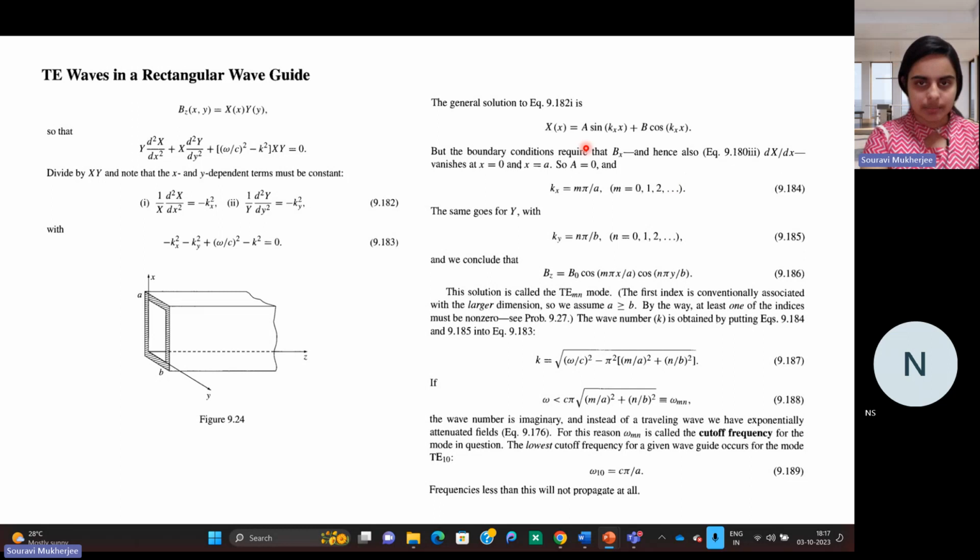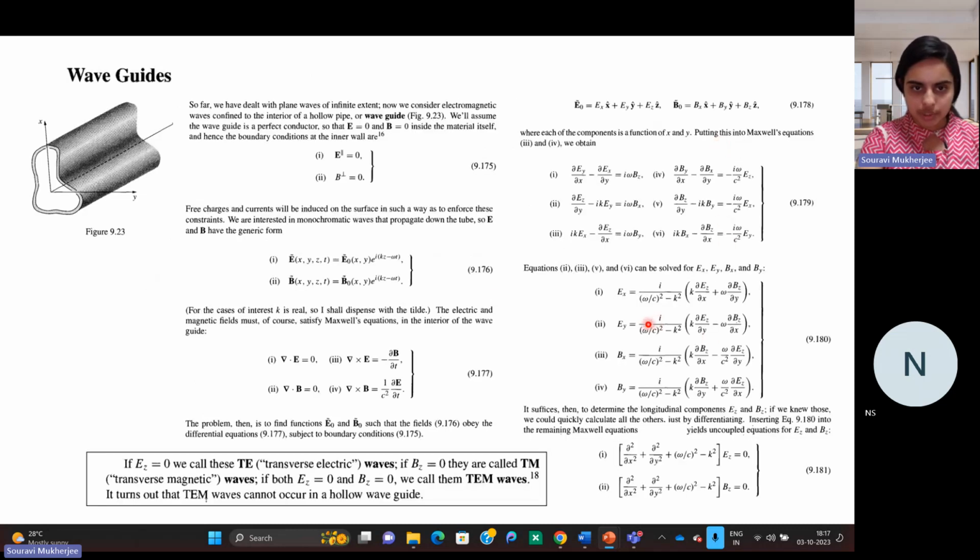The boundary condition requires that Bx should be 0, and Bx involves dX/dx, the derivative of capital X. We get to this point because of this expression, which tells us that this condition should be satisfied, and that tells us that your Bx should be 0 on the boundary.